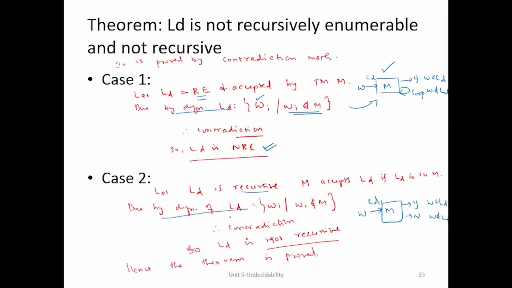But from the same definition, that particular set of strings will not be accepted by the machine, so there is no possibility of an accept state for the given string. Here also there is a contradiction, so LD is not recursive. By using case 1 and case 2, we proved the theorem: LD is not recursively enumerable and it is not recursive.